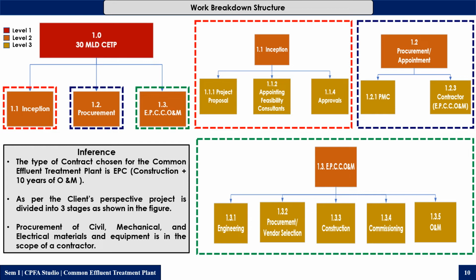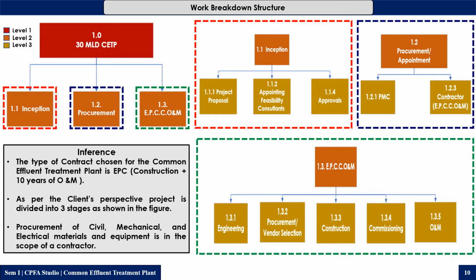The procurement or say appointment phase involves appointment of project management consultant and contractor for the EPCC and O&M. Third, EPCC O&M phase involves engineering or say design phase, procurement or say vendor selection, construction, commissioning, and operation and maintenance phase. The type of contract chosen for this project is EPC contract.